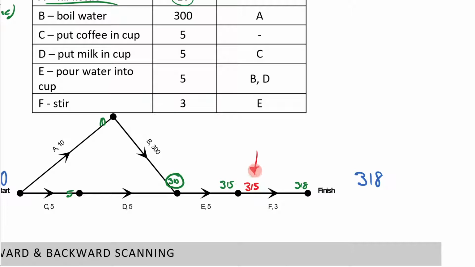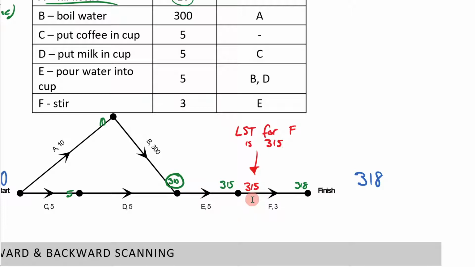What this here is telling me is that the latest start time for F is 315 seconds, meaning if you want to complete this project on time, you need to make sure that the latest time you start activity F is 315 seconds, because you know it takes 3 seconds to do activity F. And if you want to end at 318, you better make sure that you start activity F at 315.